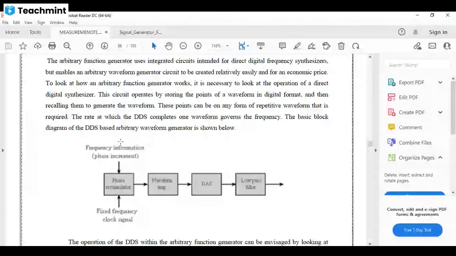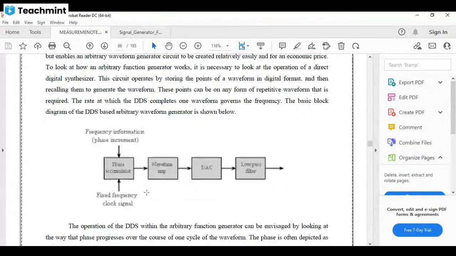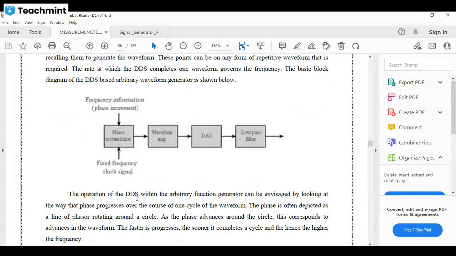This is the phase accumulator, which takes the frequency information or phase increment, and this is the fixed frequency clock signal. Here the phase accumulator accumulates the phase. The operation of the DDS within the arbitrary function generator can be understood by looking at the way phase progresses over the course of one cycle of the waveform.